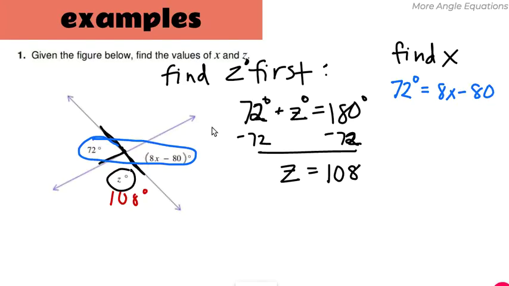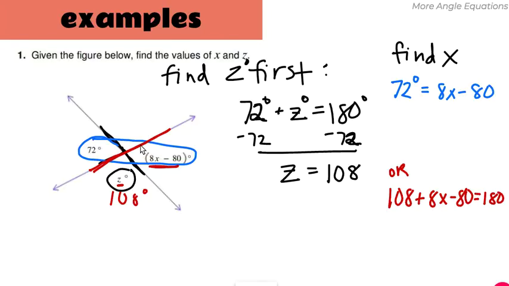My other option, if I look at this straight line, z plus this angle equals 180, right? Well, I know that z equals 108. So I could say 108 plus 8x minus 80 has to equal 180.